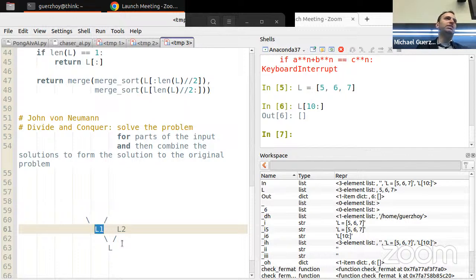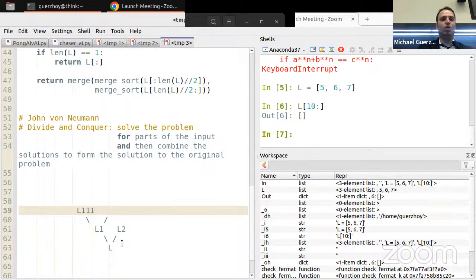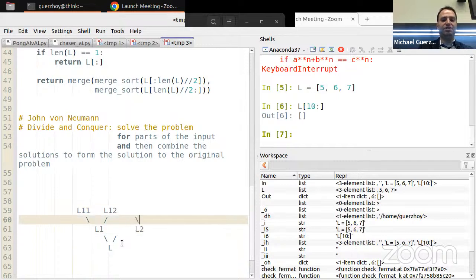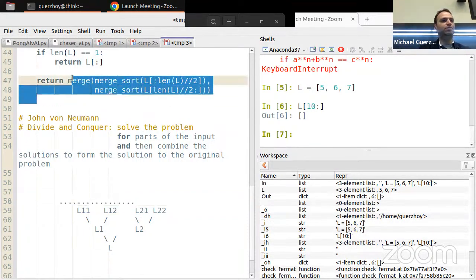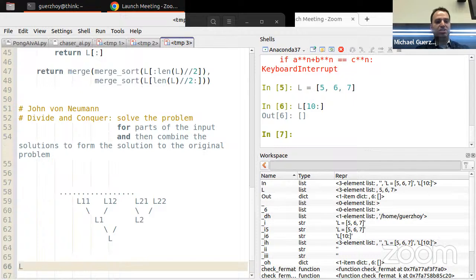Here again, split L1 in half and make two calls, L11 and L12, and then split L2 in half, L21 and L22, and so on. So for example, L21 would be the first half of the second half of L: L2 is the second half of L, and L21 is the first half of that.